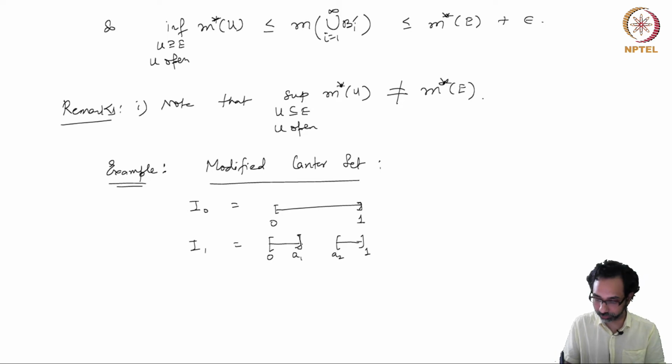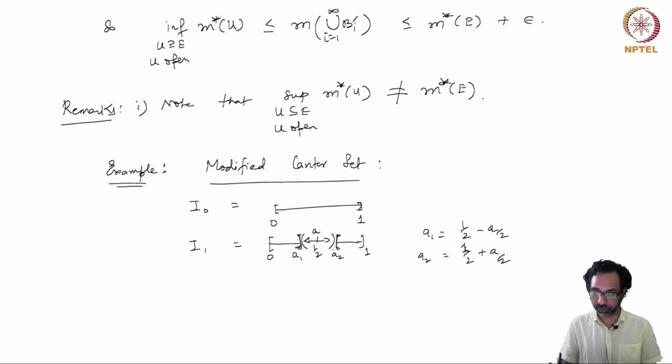These are all closed intervals, but the middle one has length a. So this is centered at the point half and has length a. So A1 is half minus a by 2 and A2 is half plus a by 2. In this way we have removed a subinterval of length a centered at half.